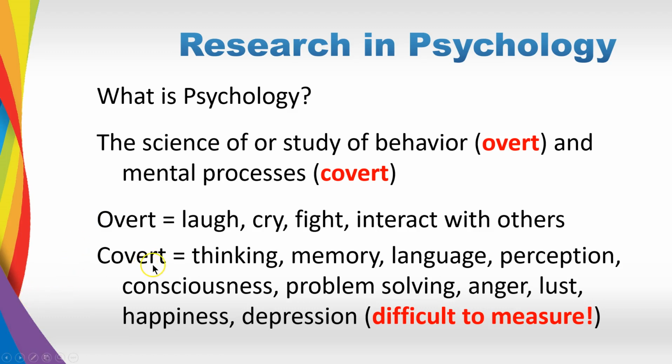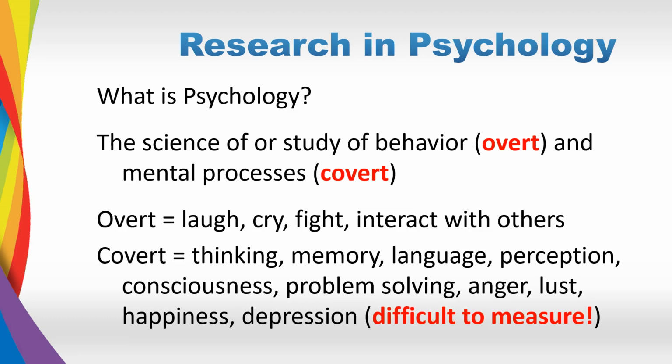Covert, on the other hand, would be thinking, memory, language, perception, all of these other things where it's more covered or concealed. It's not like we can actually see it. Like maybe for happiness, we know somebody's happy if they're laughing. Well, sometimes we laugh when we're nervous too.